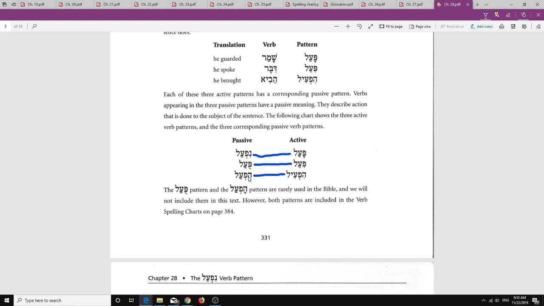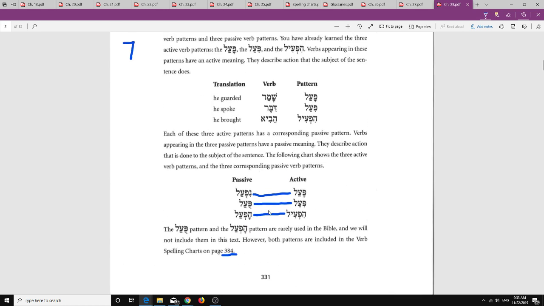So again, note that this is a hofal. The pu'al and the hofal patterns are very, very rare in the Bible, and so for that reason, I guess the authors are choosing not to include them in this text. If you are interested, though, on page 384, they do present some of these to us. Okay, so last thing I did want to mention, the next chapter is about the hitpael, and that goes here with the intensive stems.